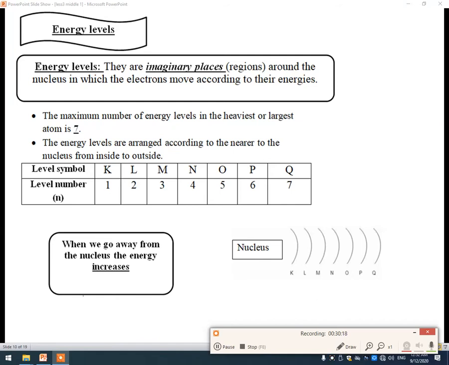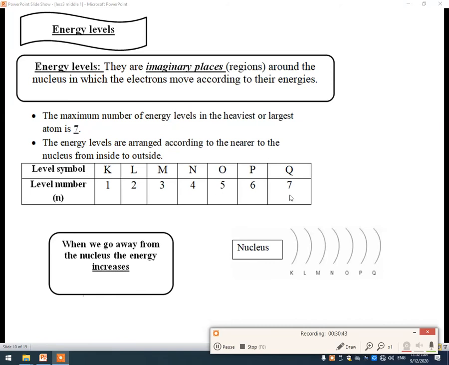The first one is named K, then L, M, N, O, P, Q, 7 energy levels. So we have the level symbol here, K, and its rank, the level number, number 1. L, number 2, M, number 3, N, 4, O, 5, P, 6, Q, 7.